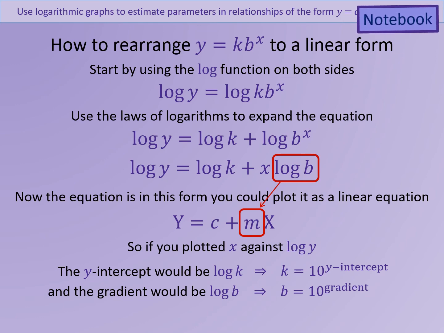And that's going to allow me to find both the values for b and k, which I would then substitute back into the original equation in order to find my equation for the original data.